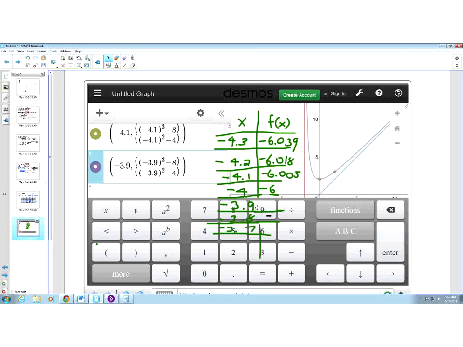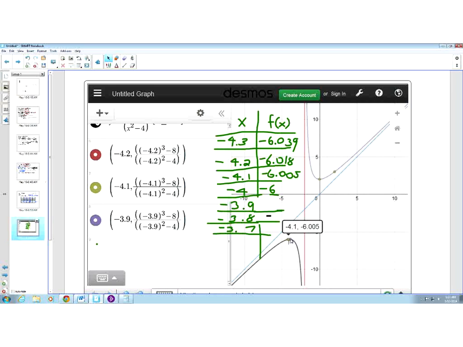That would be the purple dot. So let's see what the graph has to say about the purple dot. So the coordinates of the purple dot would be minus 6.005.